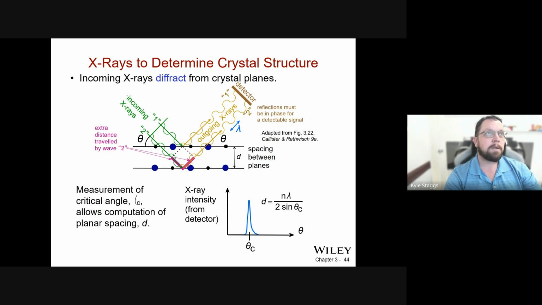You have the incoming rays, and you rotate the X-ray through a series of angles so that as you hit, you get an outgoing angle that is proportional to the incoming angle. However, there's some diffraction that happens. So this is why it's called X-ray diffraction. And that change in angle has to do with the wavelength of the material.